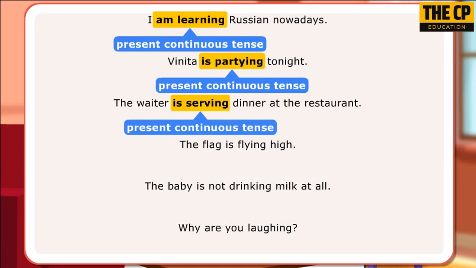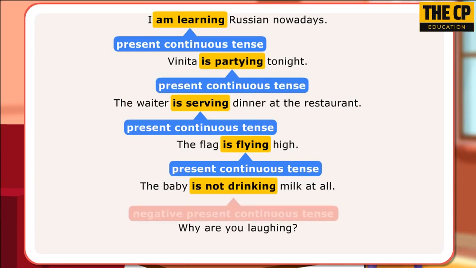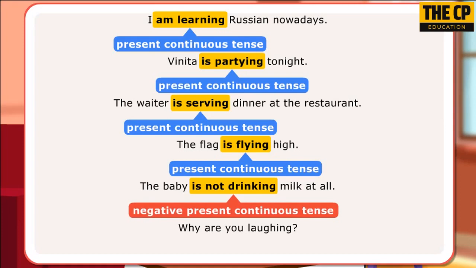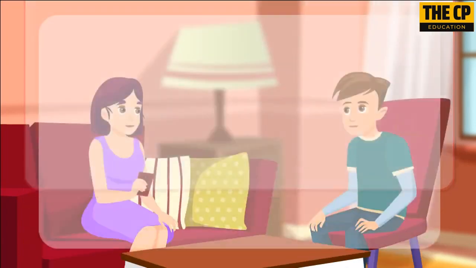In the fourth sentence, is flying is present continuous tense which describes the continuous act of the flag flying. In the fifth sentence, is not drinking is a negative present continuous tense. The sixth sentence is in the present continuous tense in a question form.